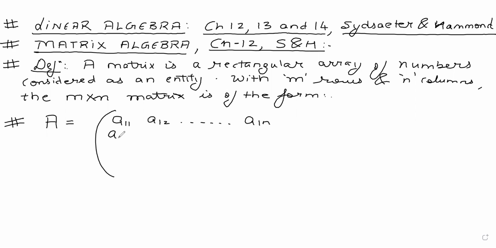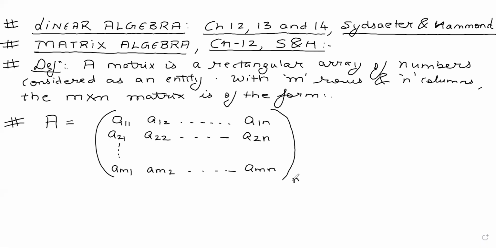On similar lines, A21, second row and first column. A22 means second row and second column. And I can stretch it to A2n, the second row and the nth column. And likewise, I can stretch it to how many rows? We have m rows. So Am1, mth row and first column, mth row and second column, and then we have mth row and nth column.